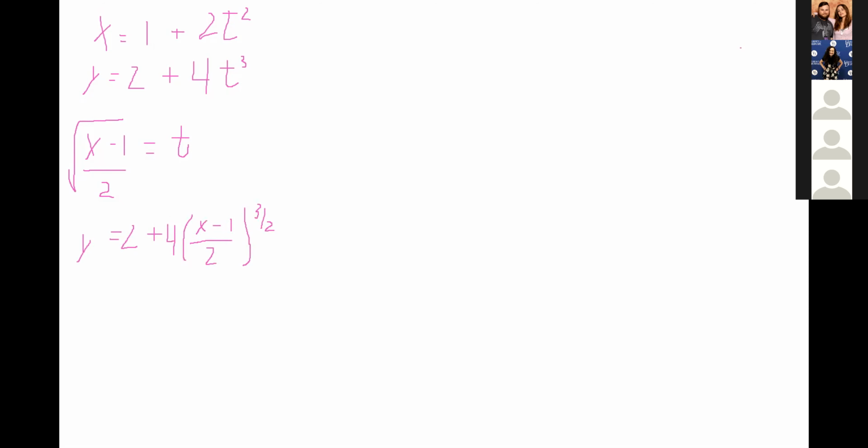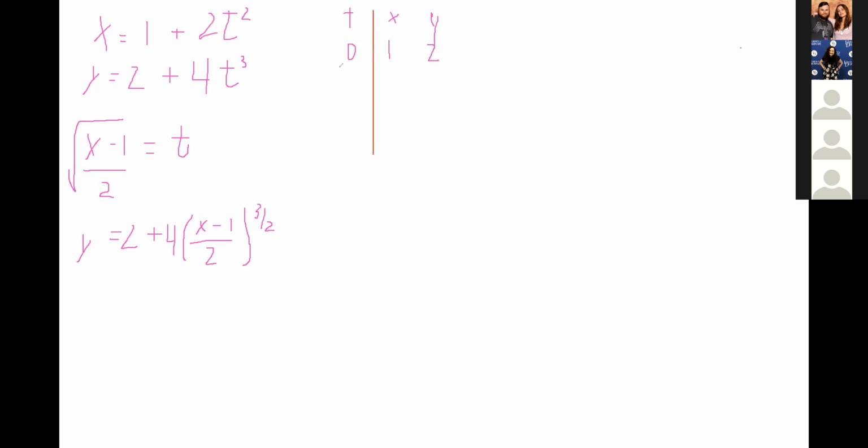Okay, so then it says to graph using a table of values. Let me do that. So t, x and y. When t equals 0, x equals 1 plus 2 times 0 squared, so x equals 1, and y equals 2.